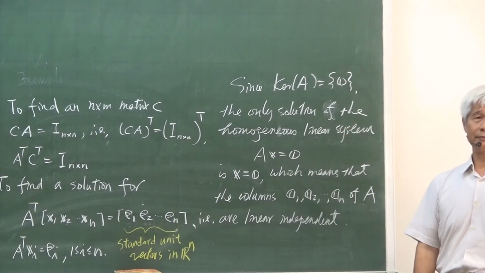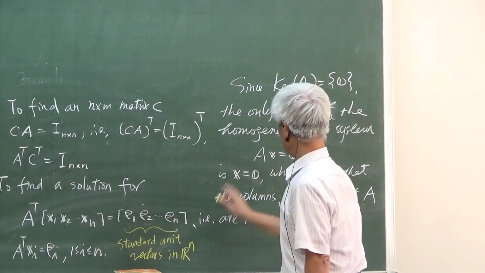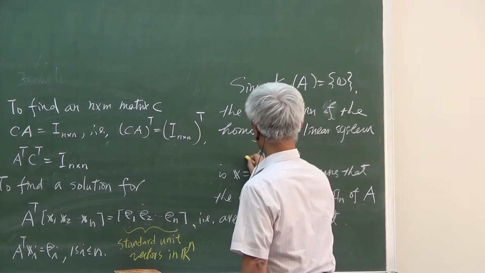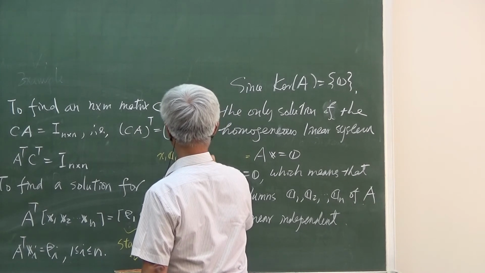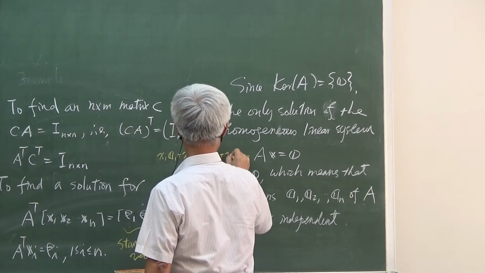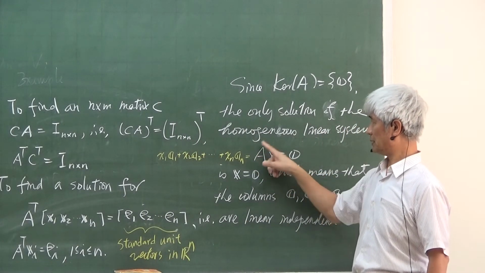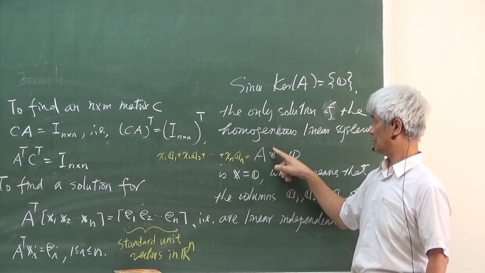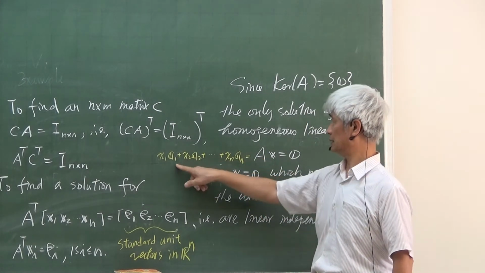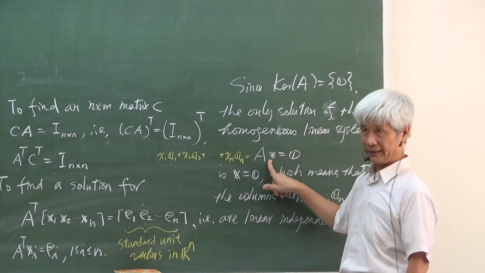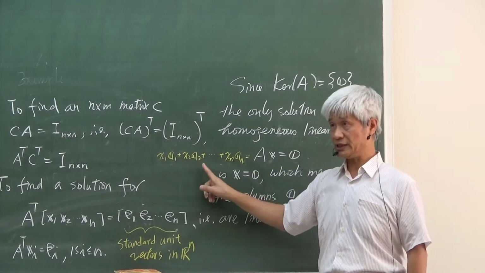We know this, and we encounter this situation many times. This is because the product of the matrix A times a column vector x can be written as x1 a1 plus x2 a2 and so on, a linear combination of the columns of A, with coefficients from the vector x.